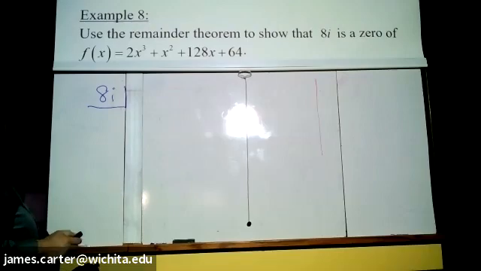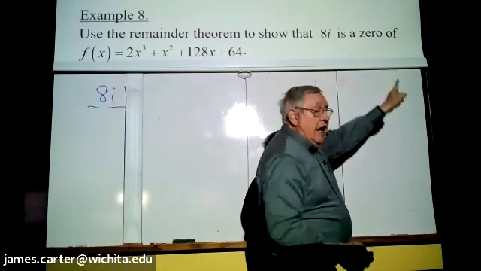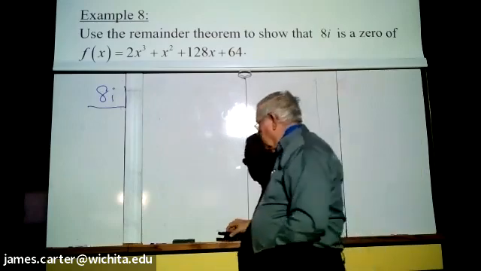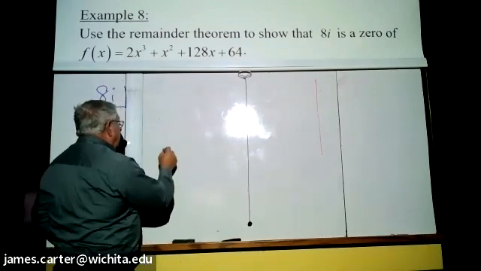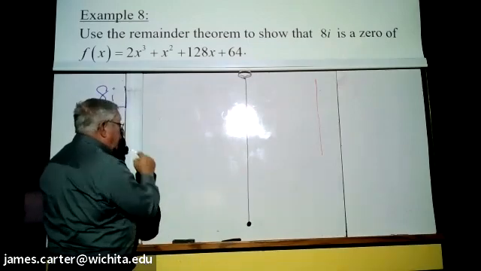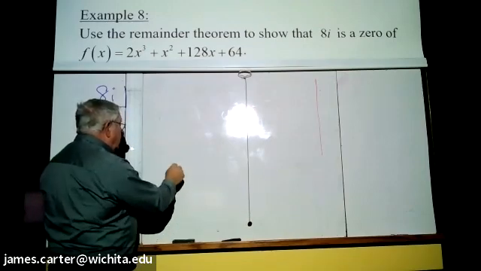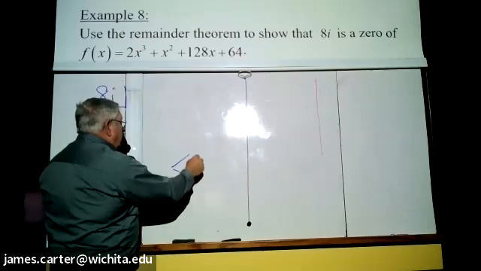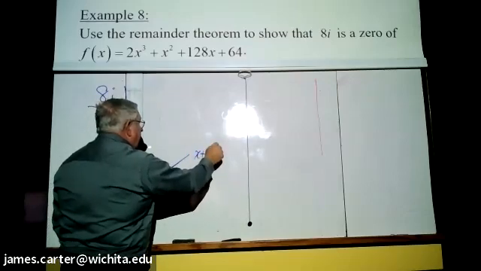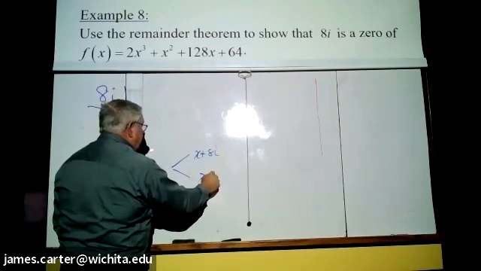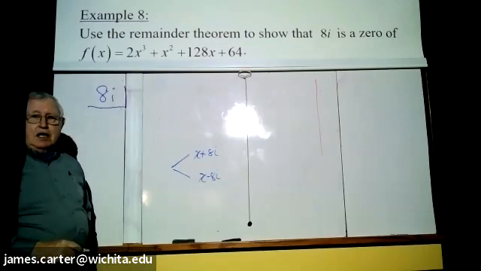This time they're saying, show that the imaginary number 8i actually is a factor of this. Now, when would you get something like that? Remember when we did the quadratic formula? And sometimes down at the end, when you get through, you would get x plus 8i, x minus 8i for the positive and negative sides, okay?